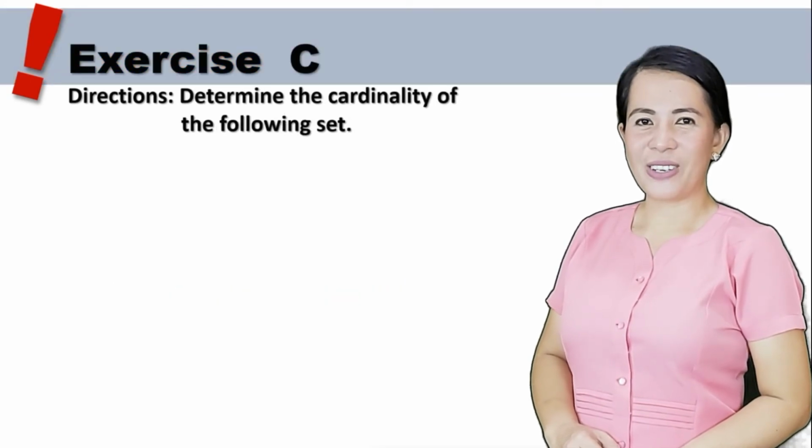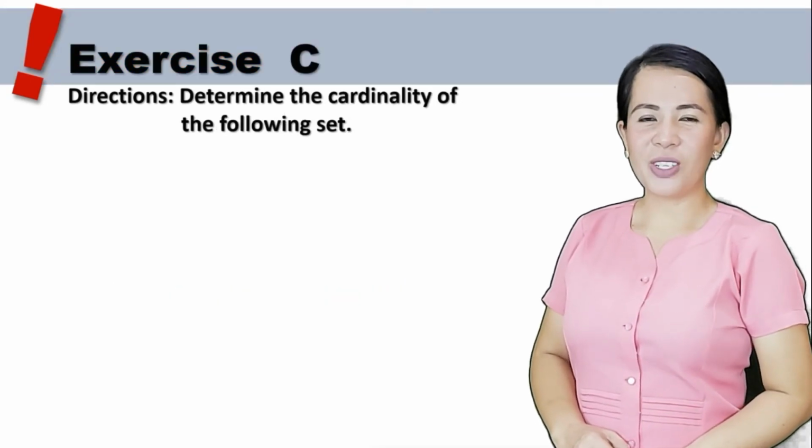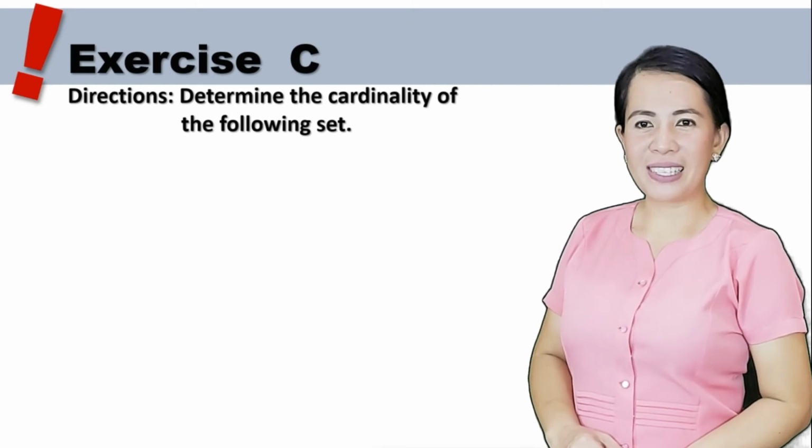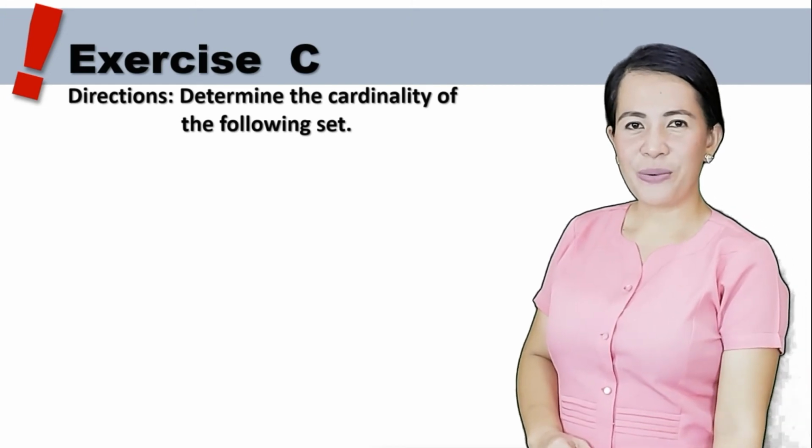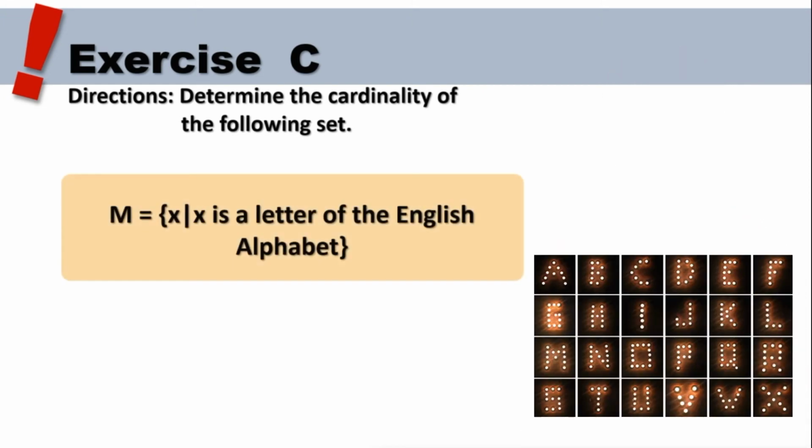Exercise C. Directions. Determine the cardinality of the following sets. Number 1. M is equal to the set that contains X such that X is a letter of the English alphabet. How many letters are there in the English alphabet?